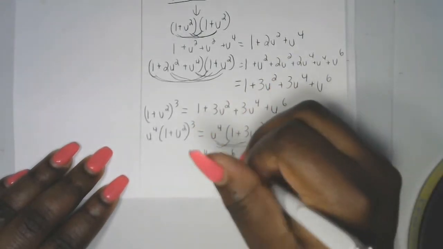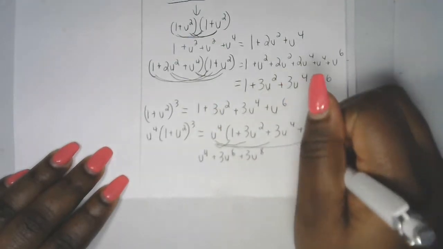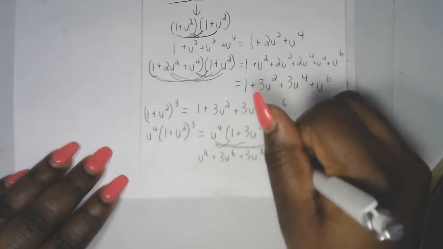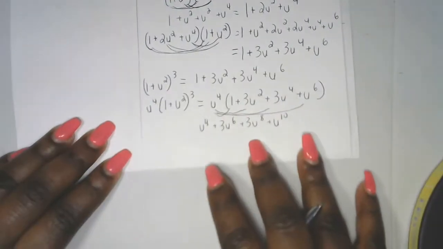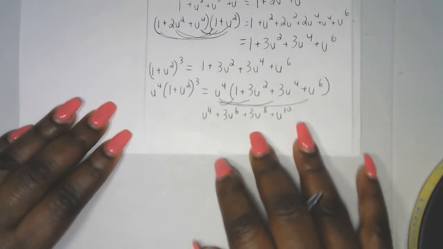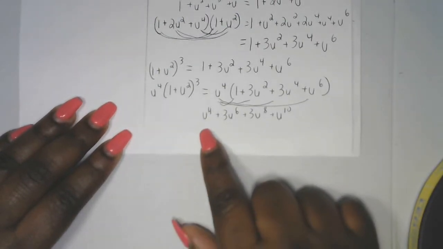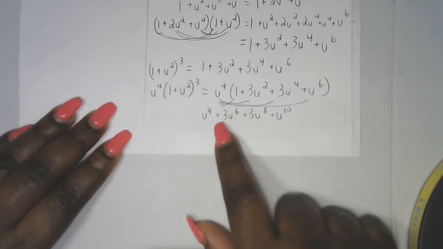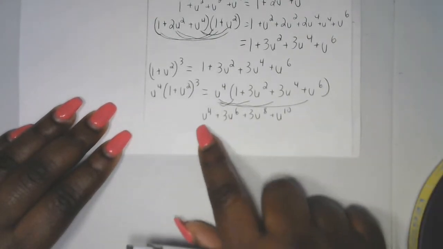U to the fourth times 3u to the fourth is 3u to the eighth. And then u to the fourth times u to the sixth is u to the 10th. That's what the new integrand is going to look like.